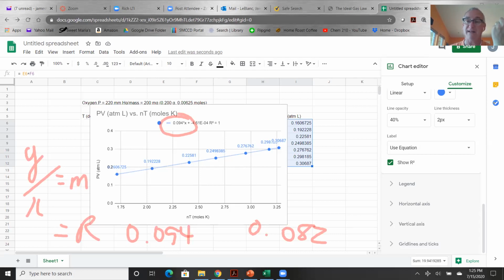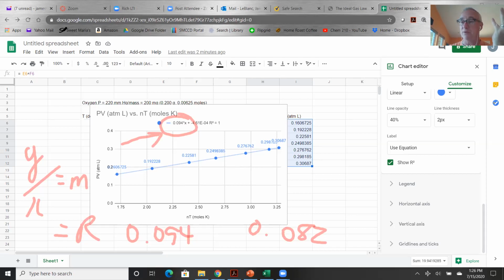Now, I need to go back and see if I've made any mistakes or whether oxygen just is maybe one of the non-ideal gases. So I'll go back and check all my numbers, make sure I did them properly. But this is pretty close to what we're looking for. I may have punched in some numbers wrong. But the fact that everything's on a perfectly straight line tells me that that's probably right.